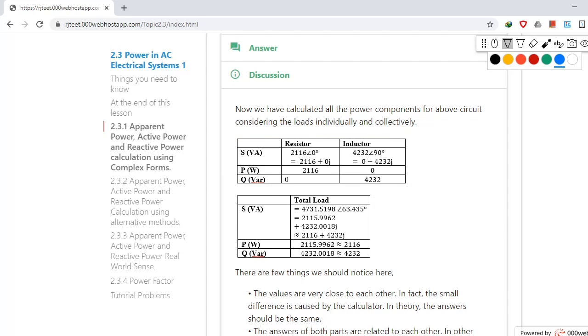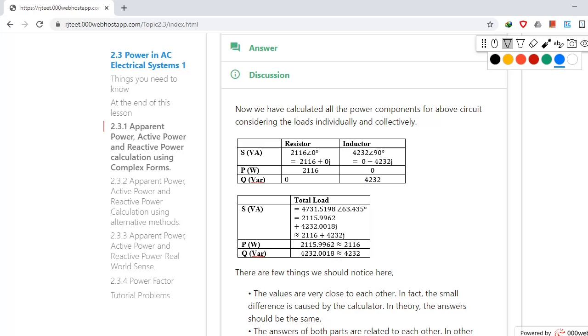You can clearly see, if you look at the active power from the resistor here, it is very much close to the active power of our system, the entire load. And the reactive power, on the other hand, is very much close to the reactive power here. Sorry, these two I'm talking about. These are very close, not the same but very close.